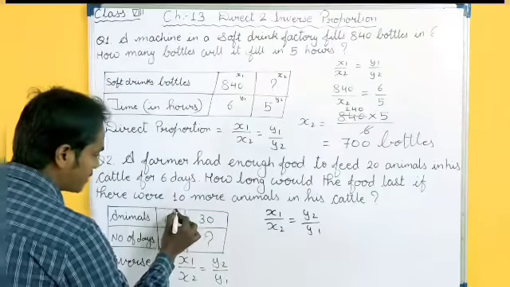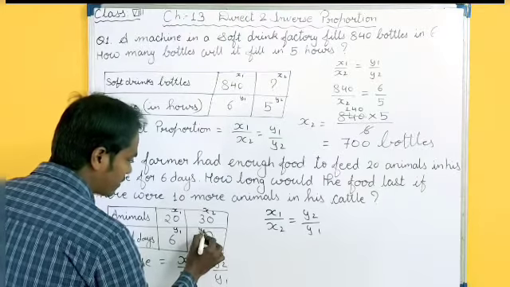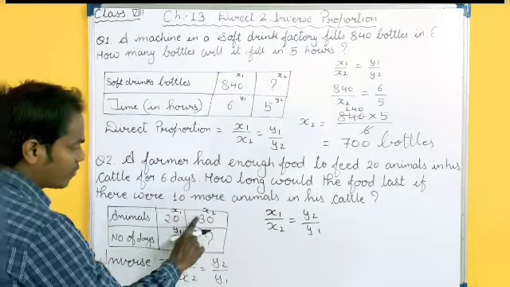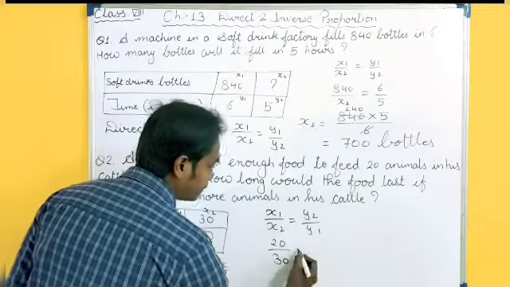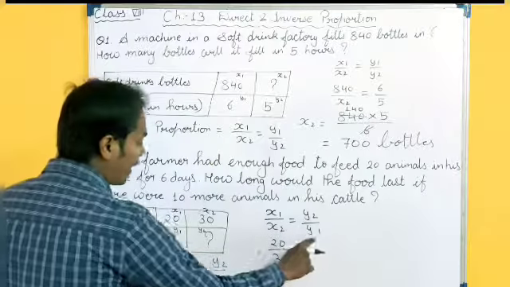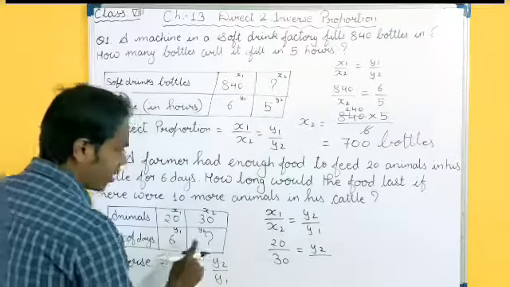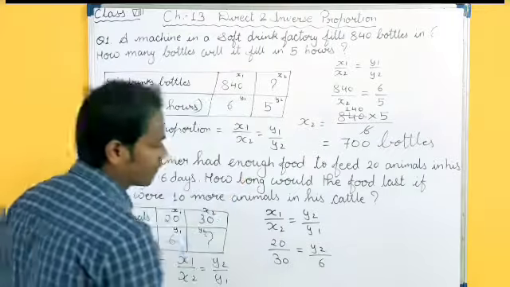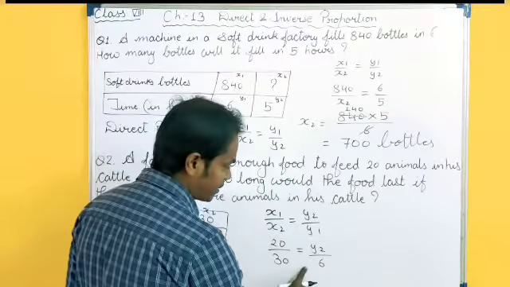Take this series as x1, x2, this y1 and this y2. x1 upon x2, 20 upon 30 is equal to y2 upon y1. So y2 we have to find, so I am writing y2 as it is. And what is y1? y1 is 6. Okay. Now simple cross multiplication I will do.